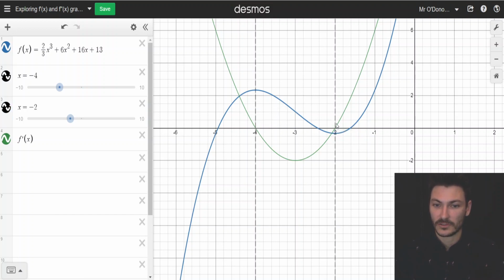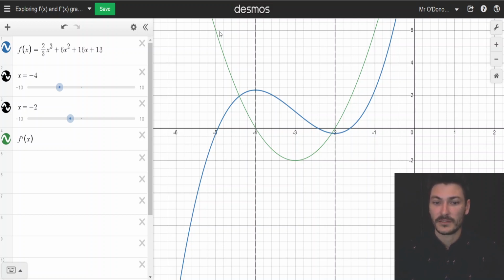Okay, so these turning points, no matter your function, and I'll show you another one after this, correspond exactly to the x-intercepts of its first derivative. And now hopefully it makes sense why we use the first derivative to find those turning points when we do it algebraically. We find the first derivative and we let it equal 0. Because if you take any function of x and you let it equal 0, you're solving for the x-intercepts.